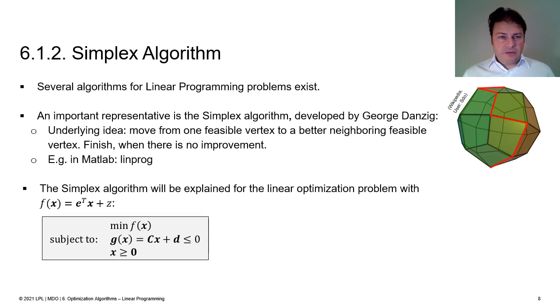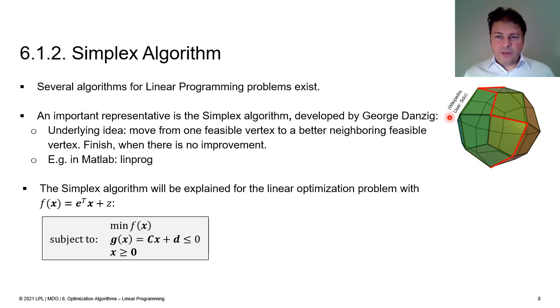There are several different algorithms for linear programming, and in this lecture we will only cover one representative of them, but it is an important one. It's called the Simplex Algorithm, developed by George Dantzig, and it is a very nice algorithm with a very intuitive underlying idea.